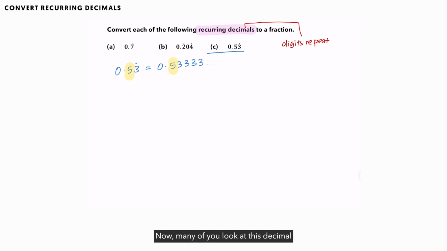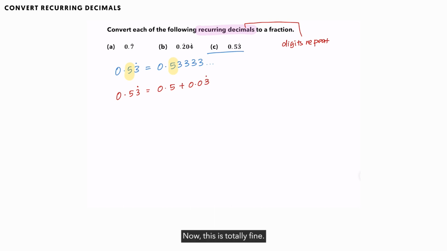Now, many of you look at this decimal and will tell me, I know what to do right now. And what most people do is they will split up this recurring decimal into 2 portions, which is the non-repeating part, which is basically the 0.5, plus the repeating part, which is the 0.03 with a dot above.